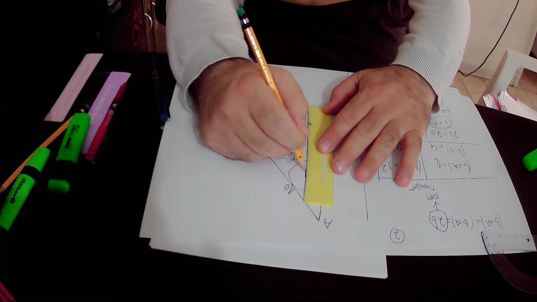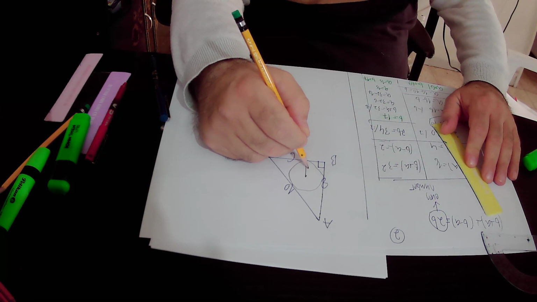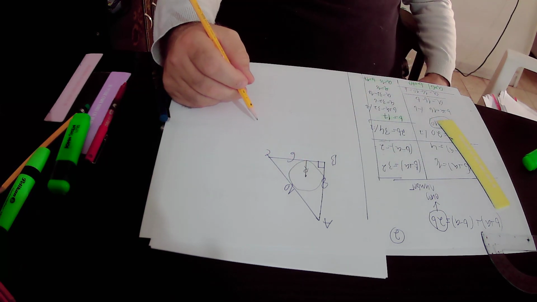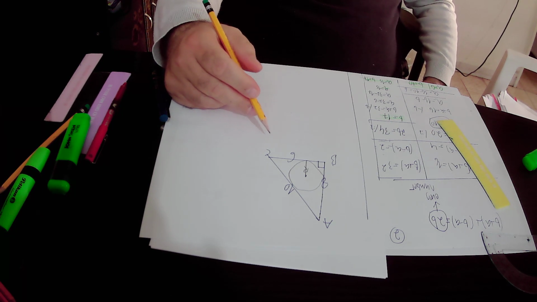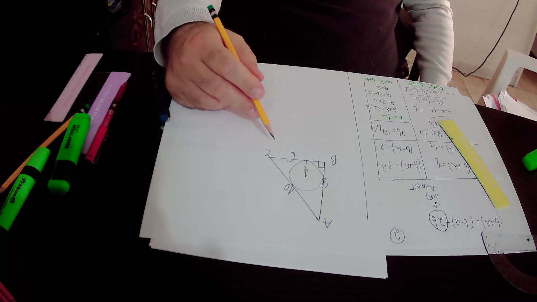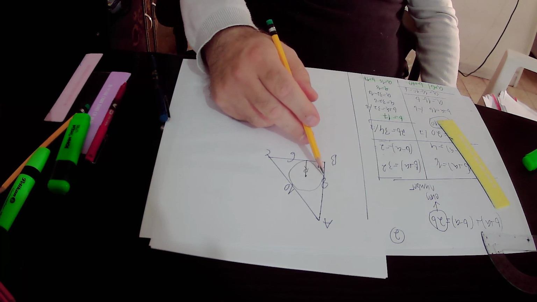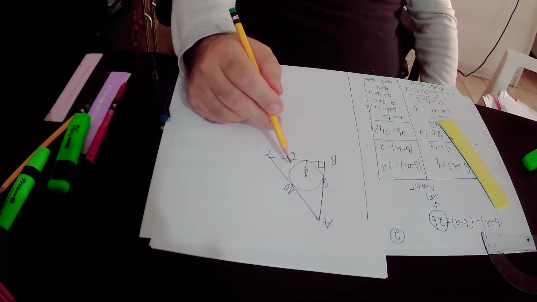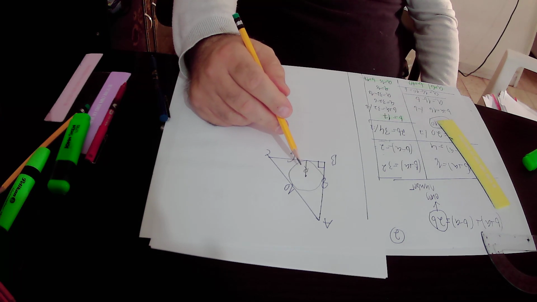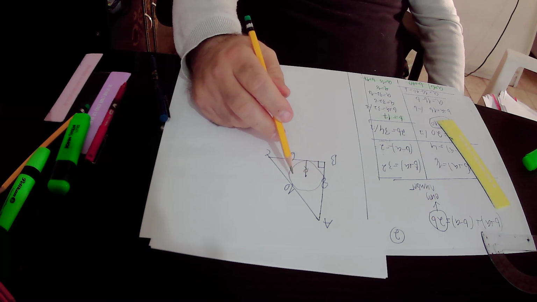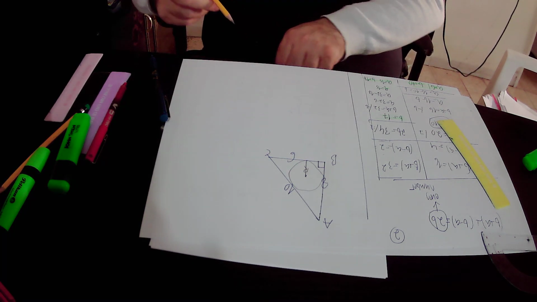We actually found the lengths of the sides of the right triangle, that is 8, 6, and 10. Now we have to find the radius of the circle inscribed in the right triangle ABC.